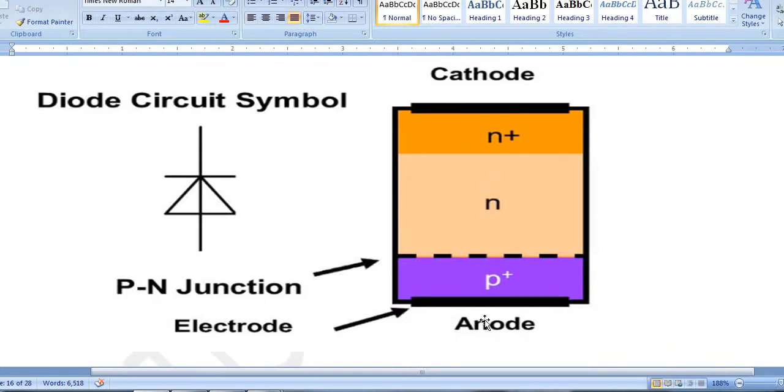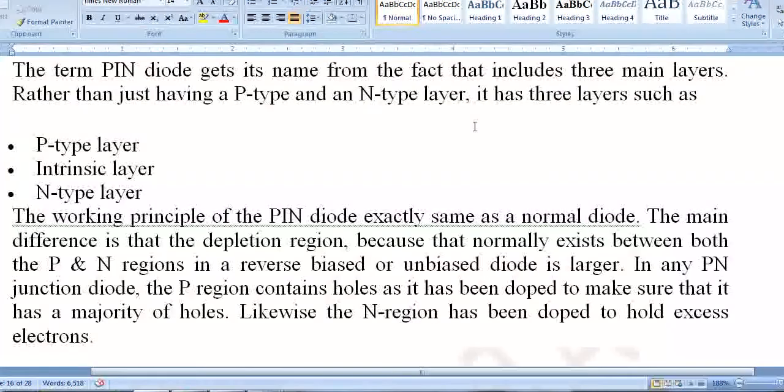This is the anode part, and this will be the cathode part. So we can say the term PIN diode gets its name from the fact that it includes three main layers. Rather than just having a P-type and N-type layer, it has three layers: P-type layer, intrinsic layer, and N-type layer.